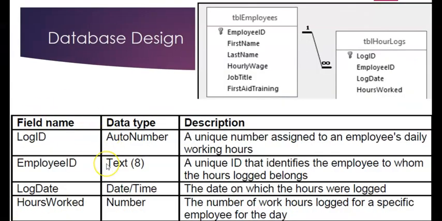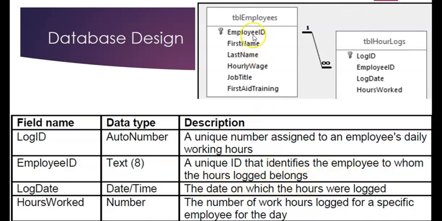This here at the bottom is Tbl hours logged, and we have the log ID an auto number, which is a unique number. So for Tbl hours logged, this would be my primary key. If you look at the link here, you can also see the primary keys indicated there where the relationship is indicated. Here is also an employee ID that says a unique ID that identifies the employee to whom the hours logged belongs to.